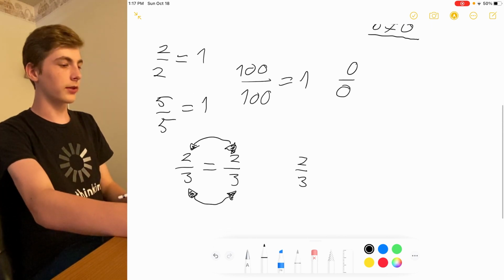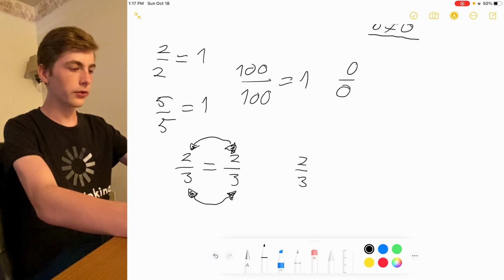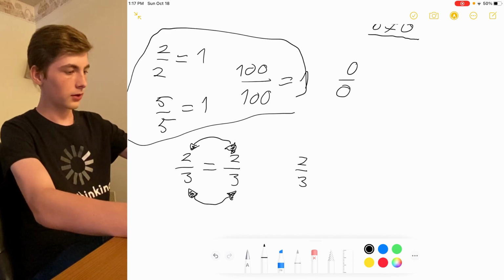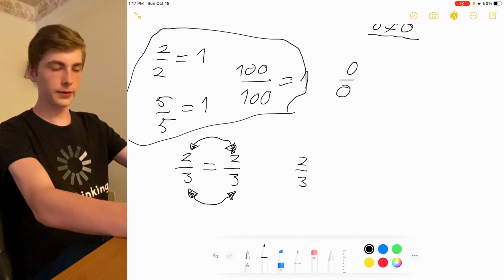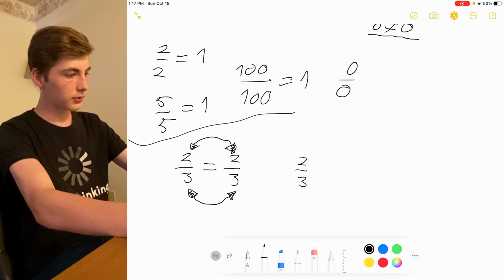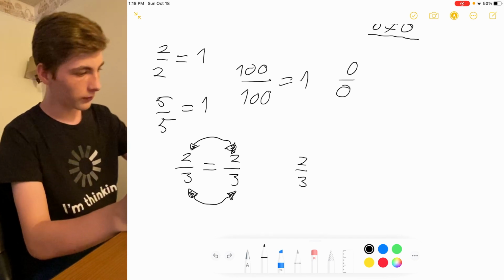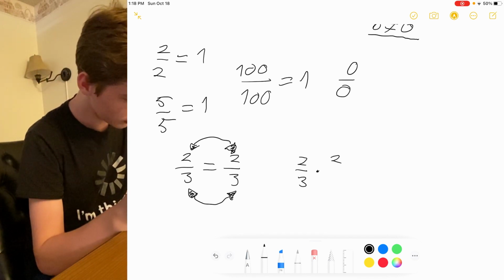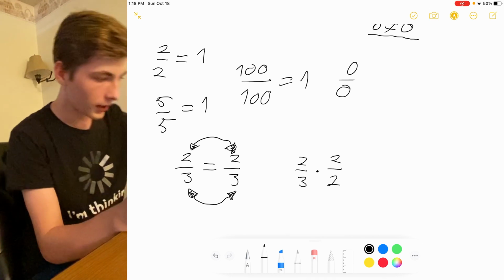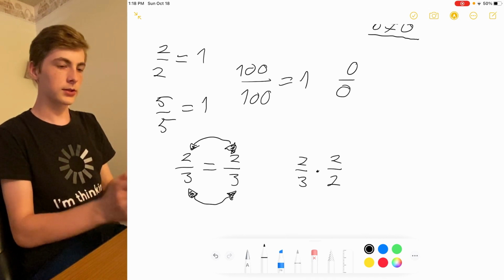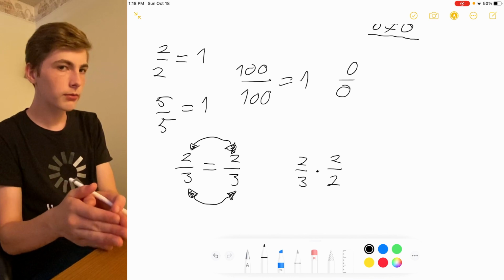We just talked about those. Let's say we take 2 over 2 and multiply that times 2/3. Again, this is exactly the same thing as multiplying by 1.